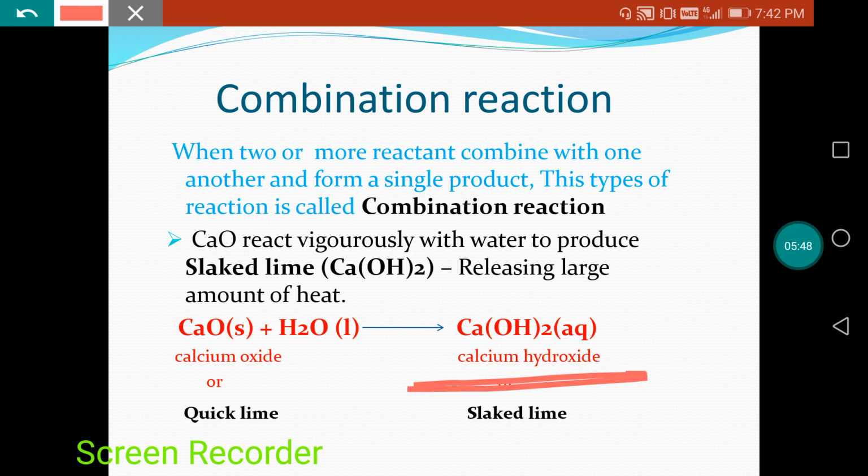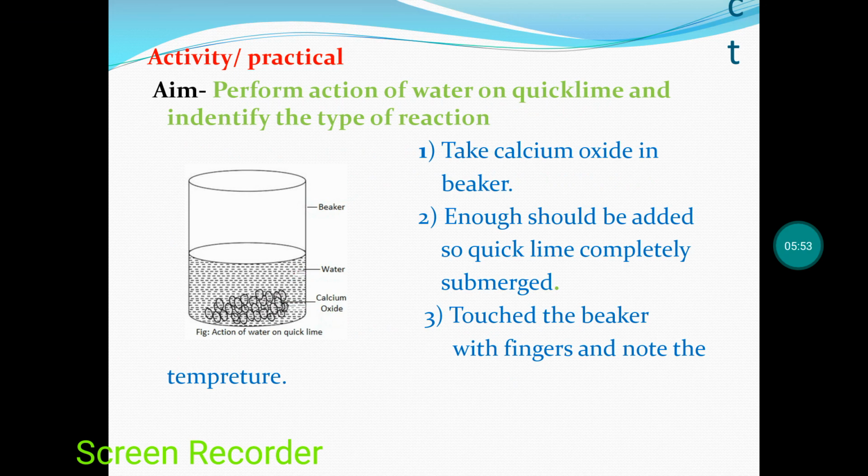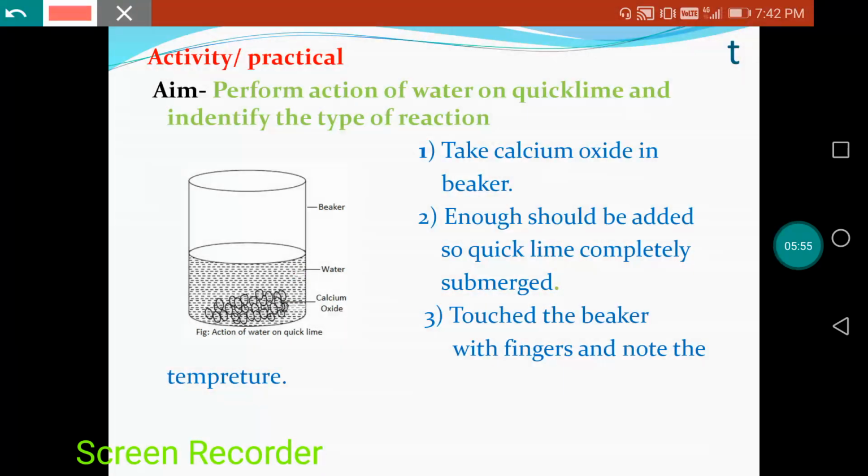So when water is added to the quicklime, calcium hydroxide forms, and a suspension is formed because of this. And when you touch the beaker, you feel it hot. Why?